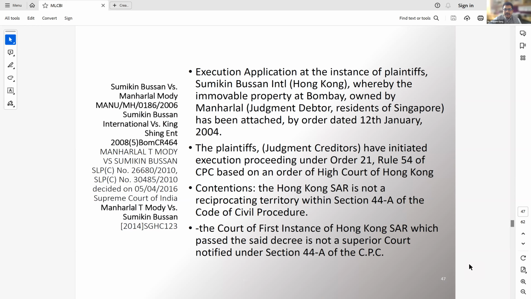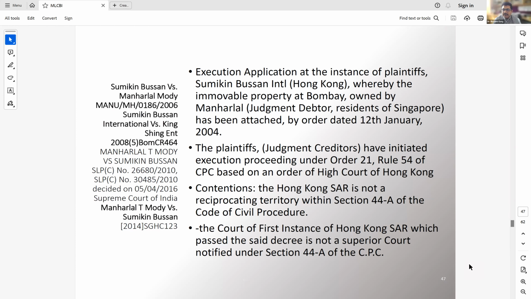After that, Sumikin Busan filed the regular application under Sections 13 and 14 of the CPC, and the court found that there were no valid objections, so it was valid under Sections 13 and 14 and could be recognized and enforced. It can be recognized.